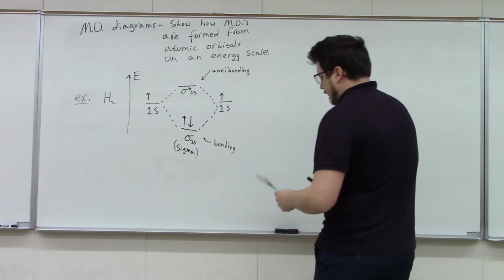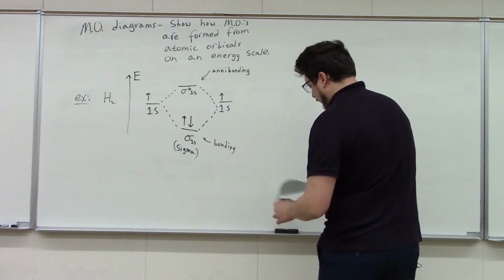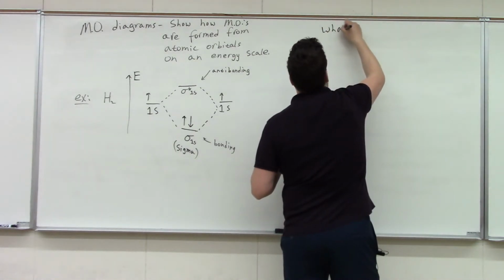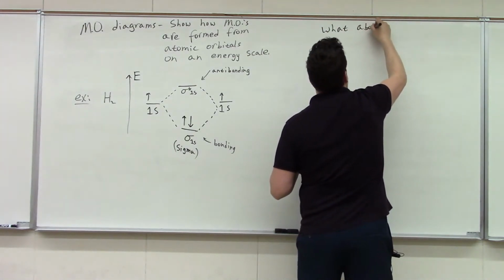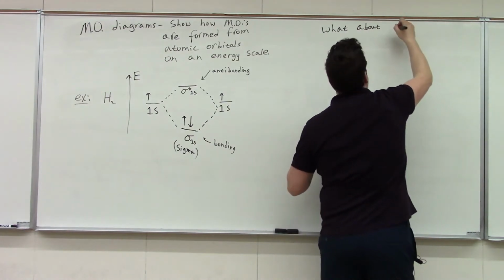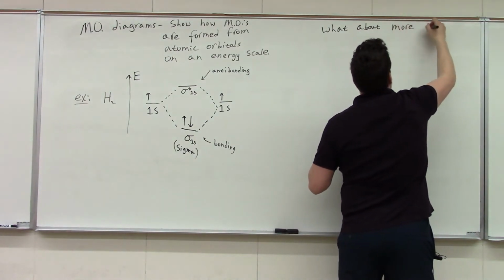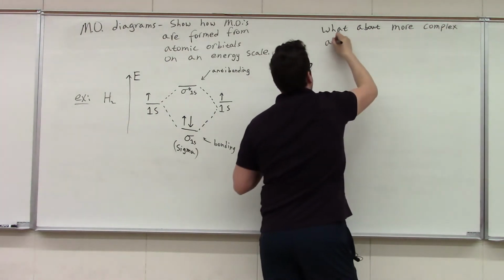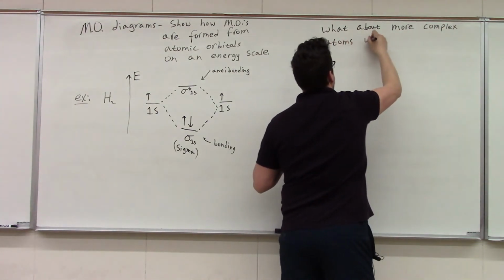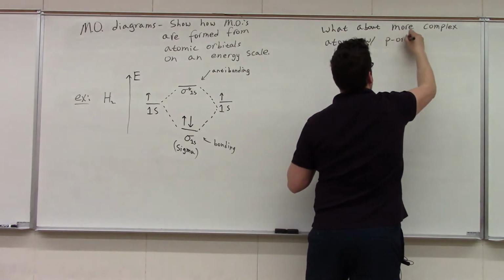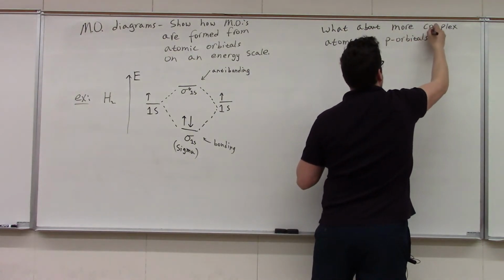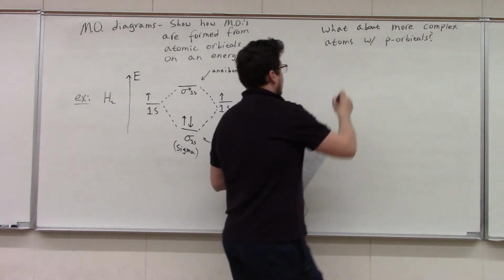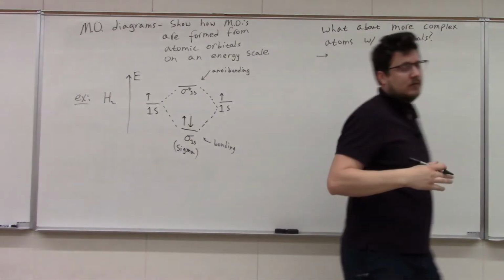All right, so what about more complicated stuff? Again, I'm kind of ducking out on p orbitals. So we've got more complex atoms with p orbitals. Well, here's the extra detail.